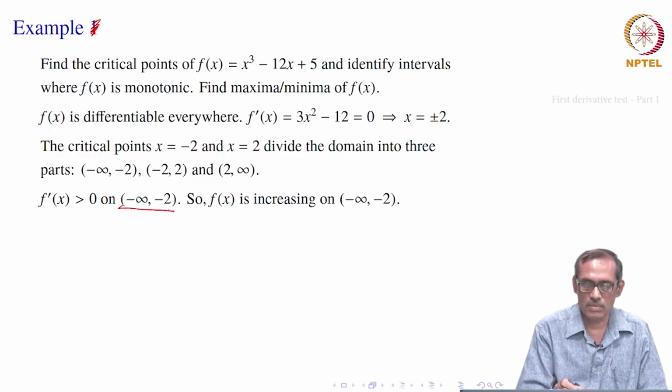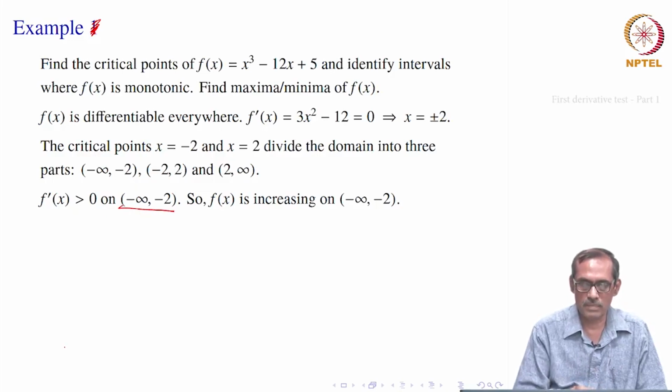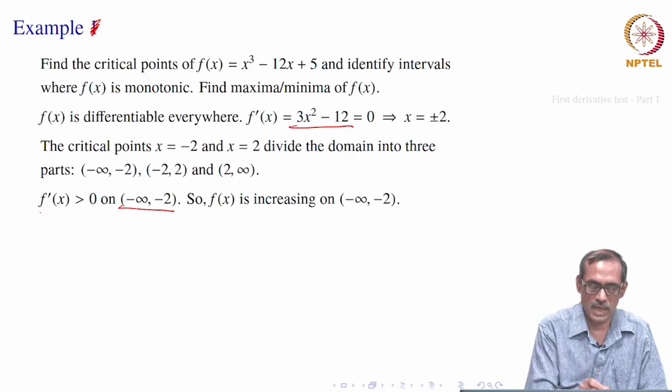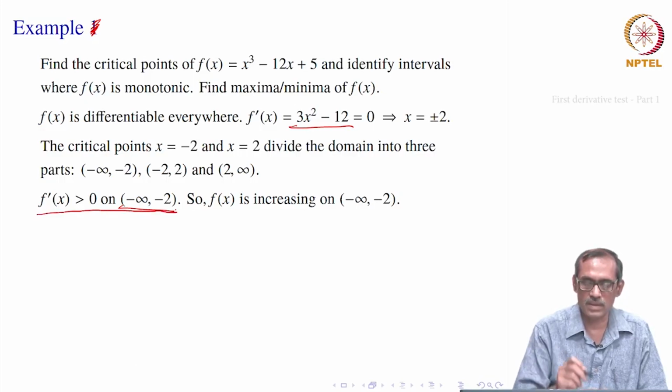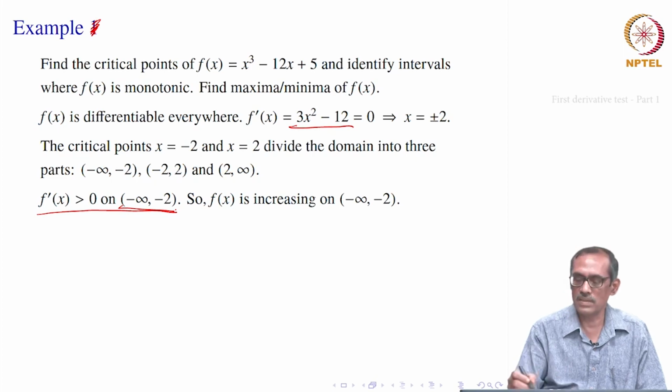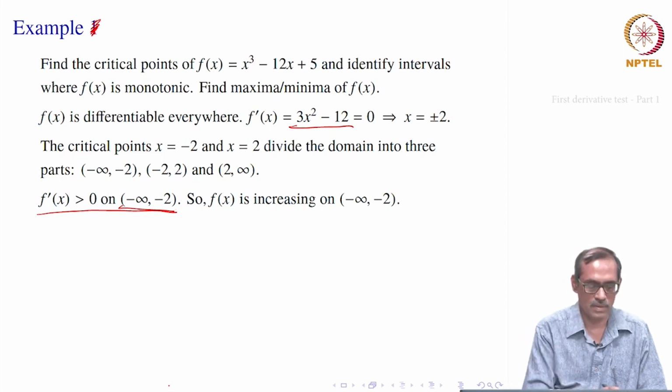On minus infinity to minus 2, f prime x is greater than 0. Why? f prime x is equal to 3x square minus 12. Once you take anything smaller than minus 2, its square will be bigger than 4. So, 3x square minus 12 will be positive. That is what we say, f prime x is positive on minus infinity to minus 2. So, f of x is increasing in this interval.